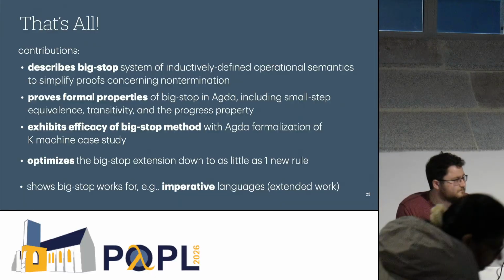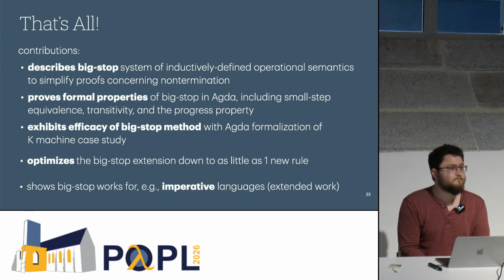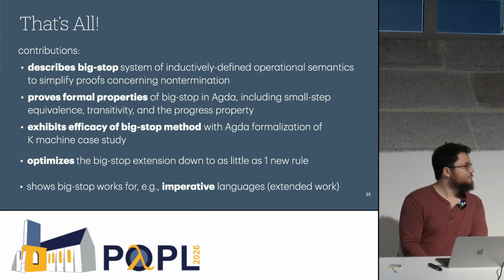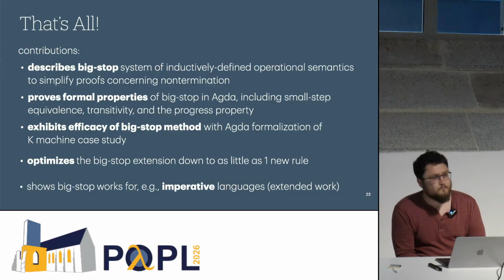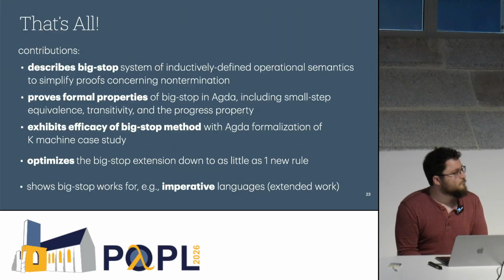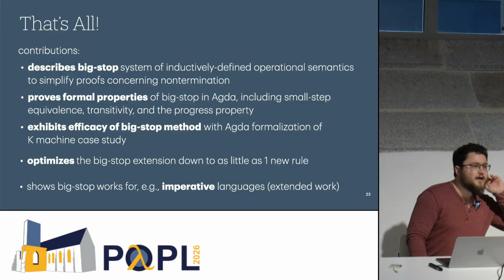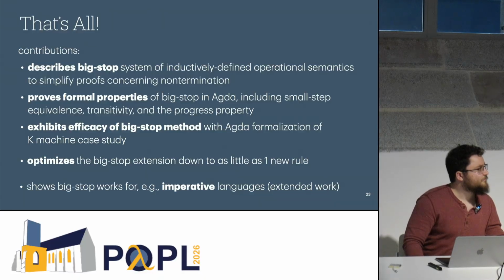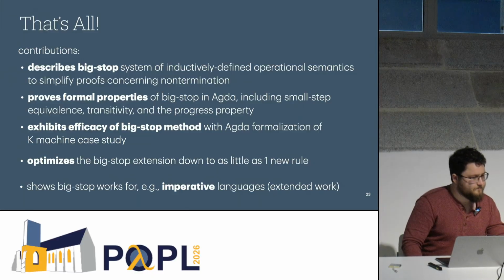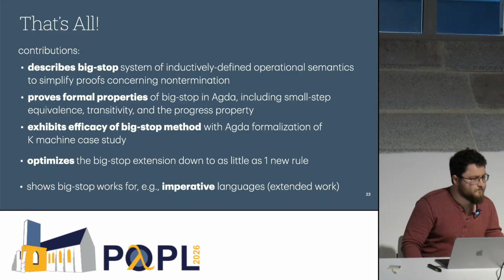So when you're talking about corresponding big stop and small step semantics, there is an implied assumption that there are some states which are synchronized between the both. Is that correct? I couldn't quite make out the end of that question. You can hear me? I can repeat. When you're comparing big stop and small step semantics and correspondence theorems, is there an implication that there are some states which must be synchronized between the both?